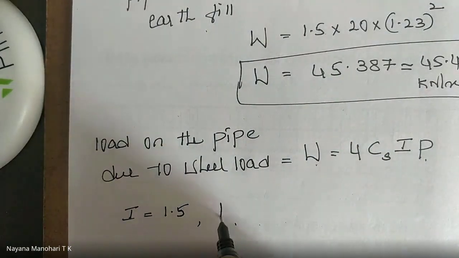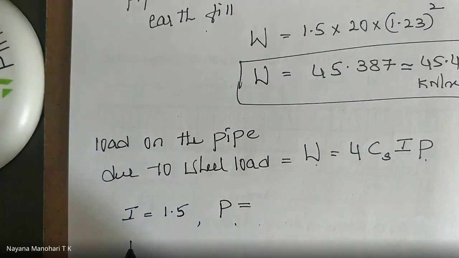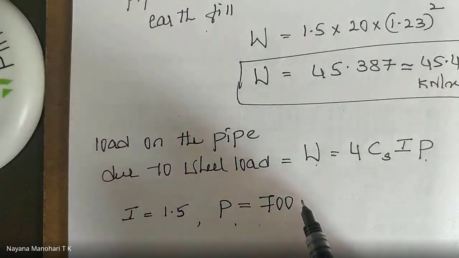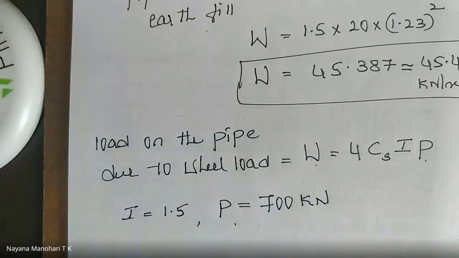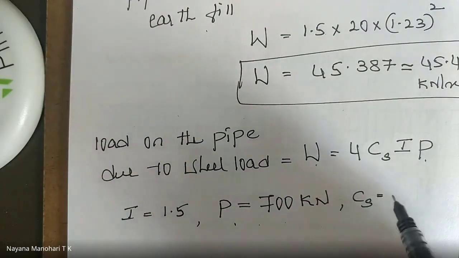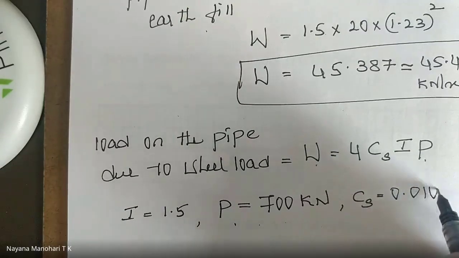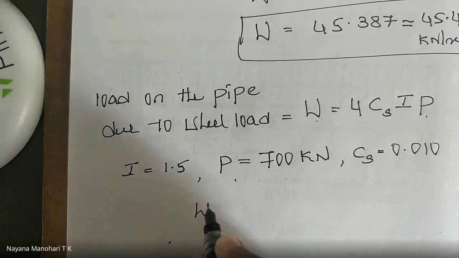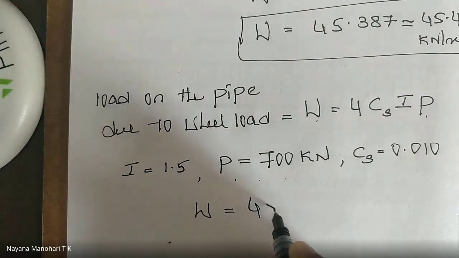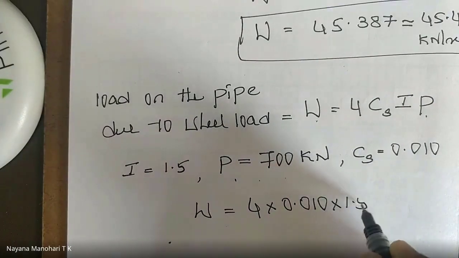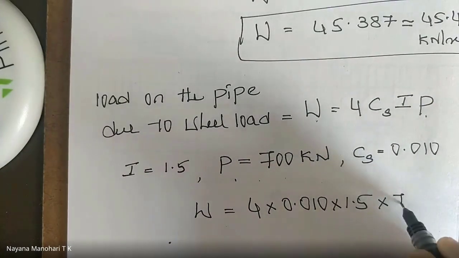P is the wheel load; they specified in the problem the IRC class AA tracked vehicle. The total load for the IRC class AA tracked vehicle is 700 kilonewton. The Cs value they have given is 0.010. Substitute all the values: W equals 4 into 0.010 into 1.5 multiplied by 700.